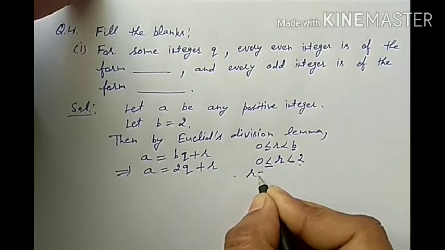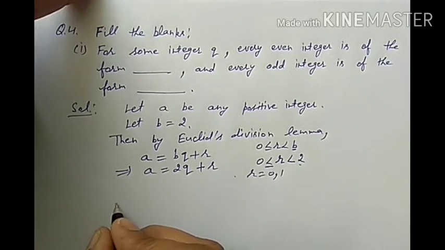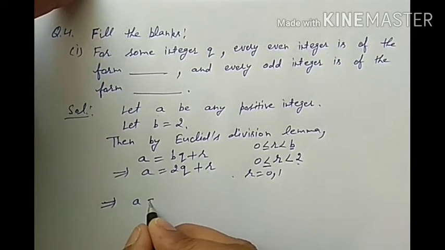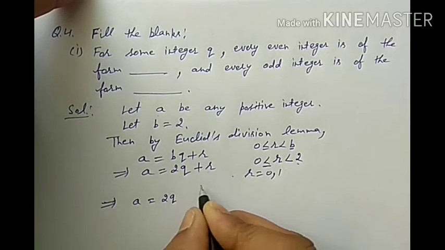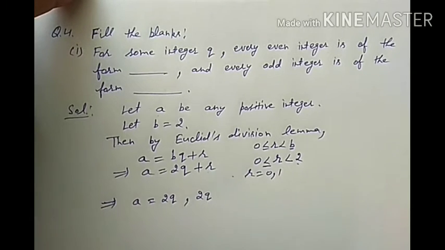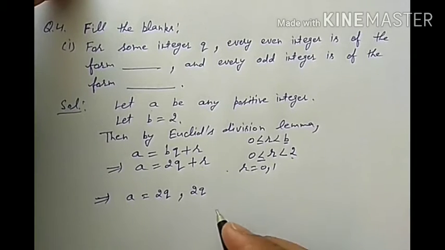It means r is equal to 0 and 1. So we get a is equal to 2q plus 0, which means 2q, and 2q plus 1.